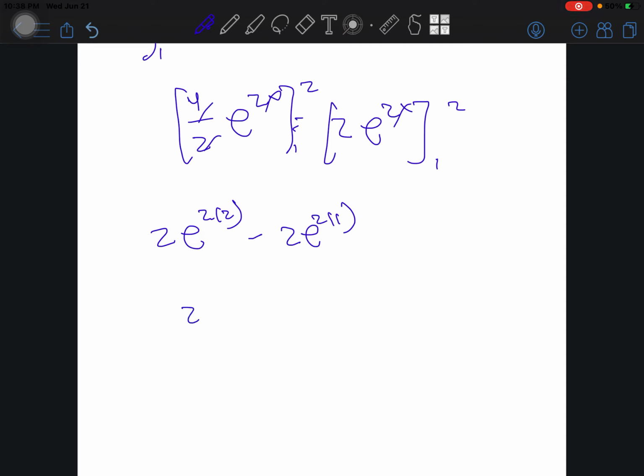So this is what we get: 2e to the power 4 minus 2e to the power 2. Therefore you can factorize 2 out: 2(e to the power 4 minus e to the power 2). So that is that.